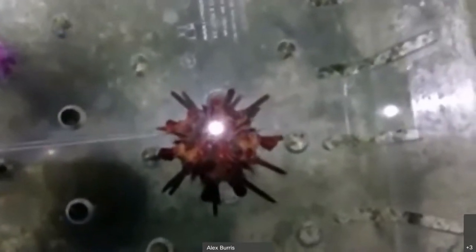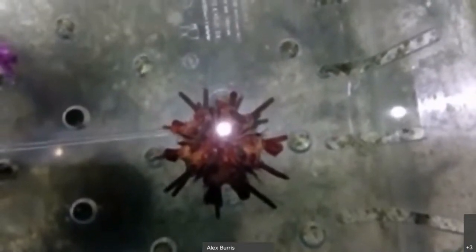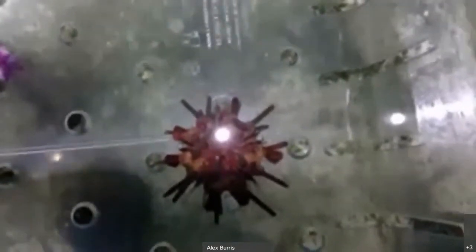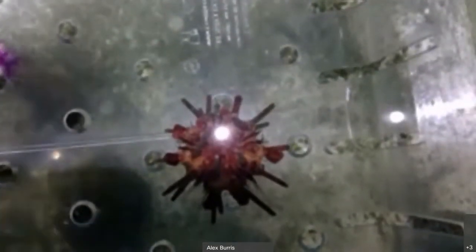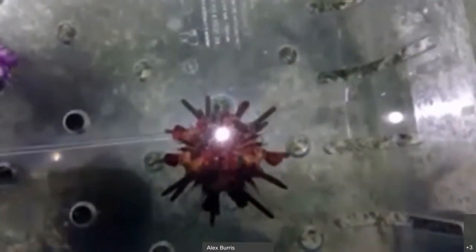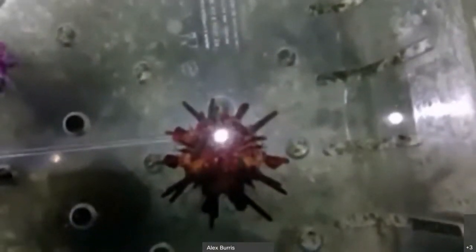And this is a sea urchin. And this specific one is called a pencil urchin. So it's called the pencil urchin because it has those big spines. Most sea urchins have kind of thinner, sharp spines, but this one has kind of those big spines that help it to grab on and hold.